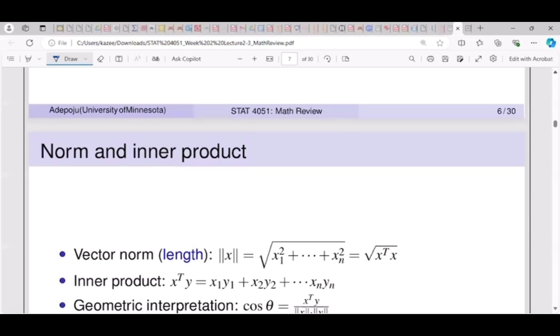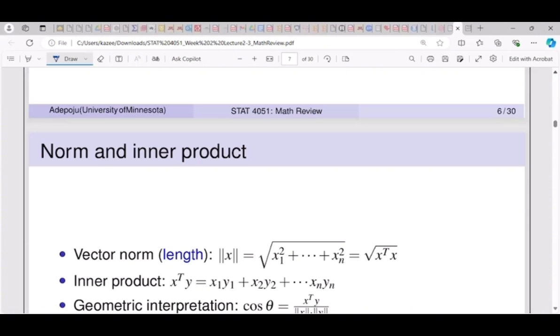We want to talk about the norm and the inner products. What do we mean by norm? What are we trying to achieve? We're working with a vector, right? We're working with matrices, right? Is there a way to figure out the length of a vector? I want to know the length, or I want to know the distance.